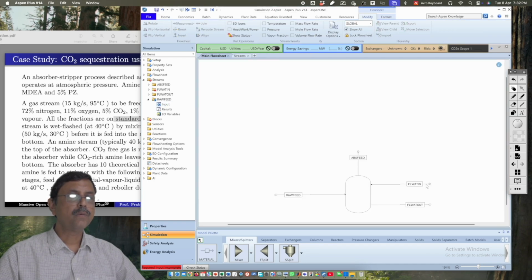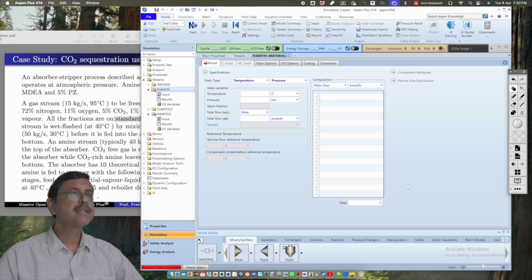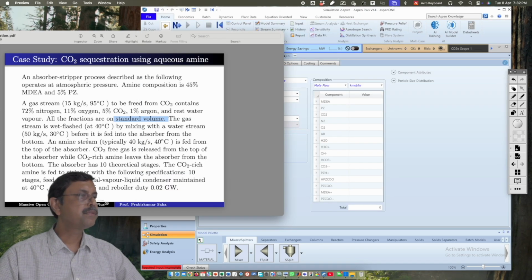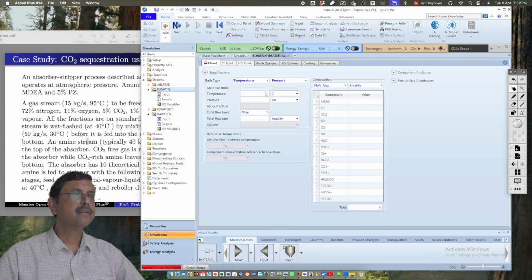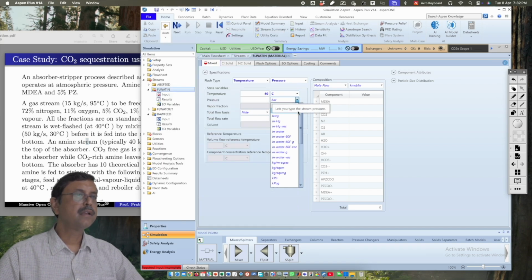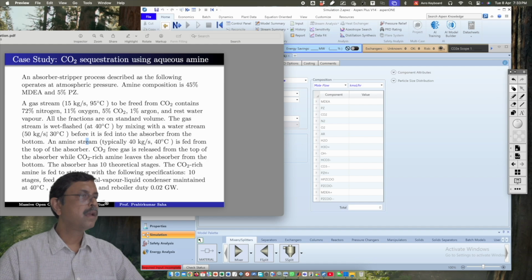And the water inlet for the flash comes at 40 degrees centigrade. Right? So this is 40 degrees centigrade, 1 atmosphere. No, it is wet flashed at 40 degrees centigrade.